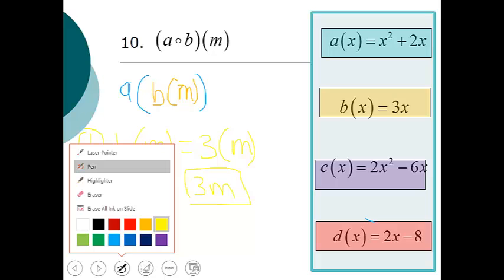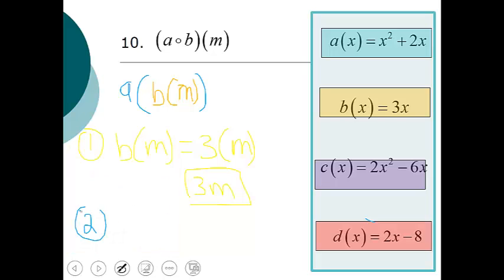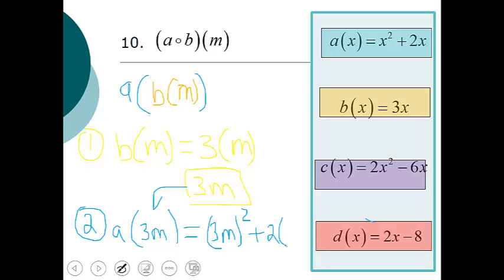Welcome to Algebra 2. So now you have to use that in the second step, A of, now we have to do 3M. So in this case, I have my 3M quantity squared, so I'm putting my placeholder, plus 2 times my M, or my 3M, because again, that is going into each one of the place values where the x is in the A of x function.